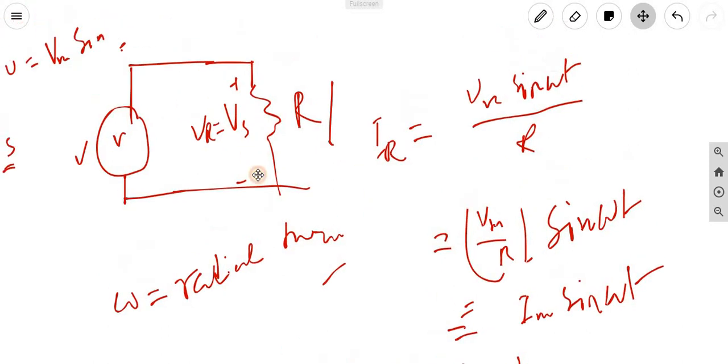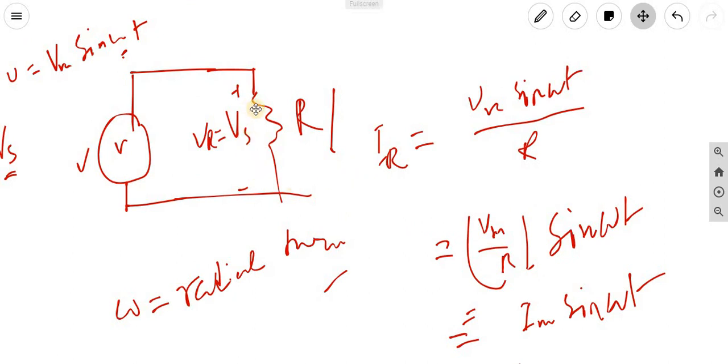Because here how many components would there be? For the source we get Vs, Is. For the resistance, Vr, Ir. For the source, the Is in this case will be equal to Ir.